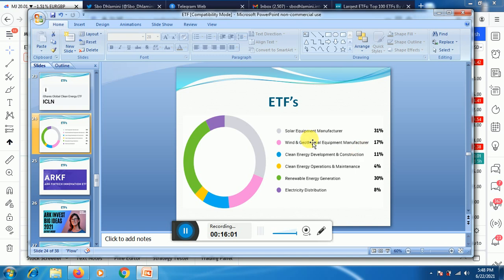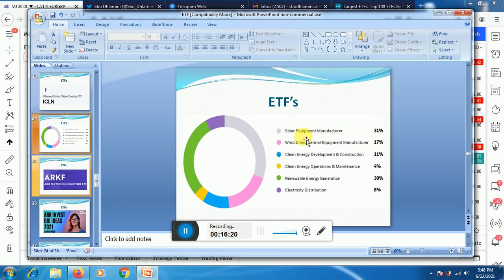I think solar energy, renewable energy, is the one that is going to take up space in the next coming decade, or the next coming century rather, because times are changing. We need to change with the times.